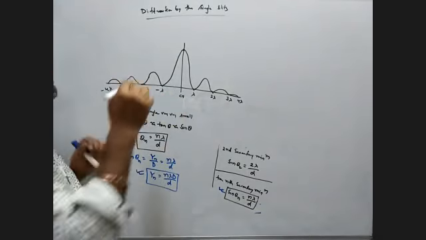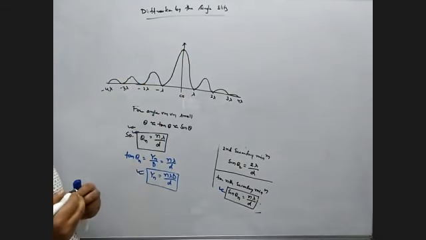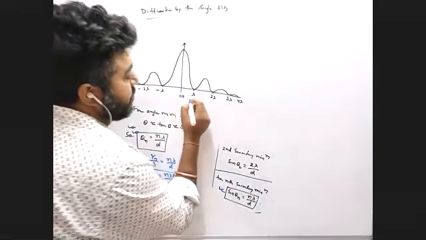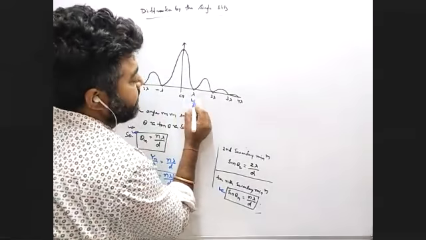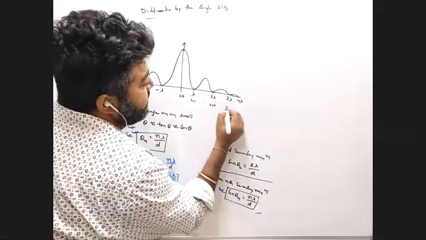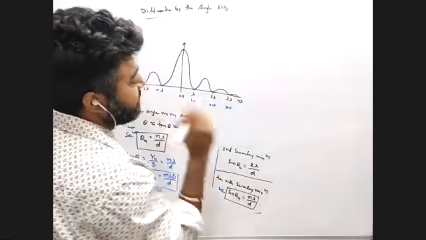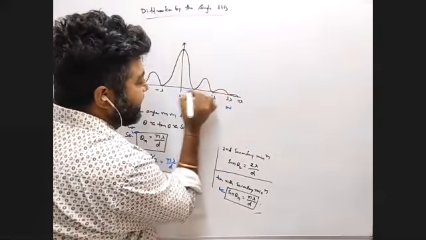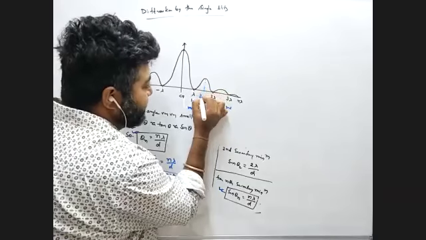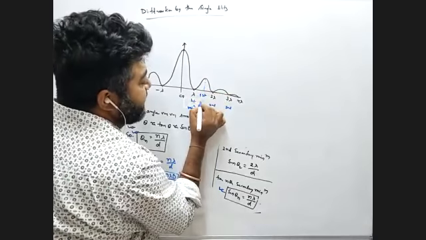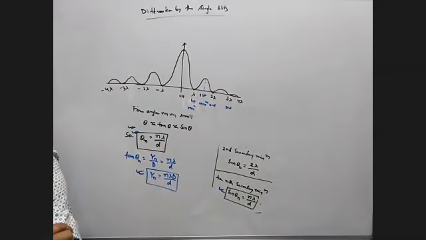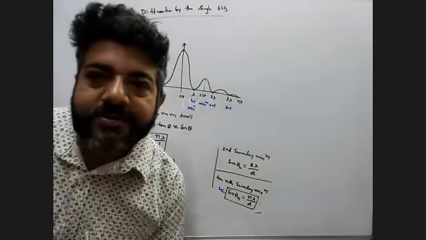If you see it properly, this is called the first secondary minimum. This is the second secondary minimum, third secondary minimum, and so on. And this is the central maxima. This is the first secondary maxima. Is it okay? Everyone, is it okay?